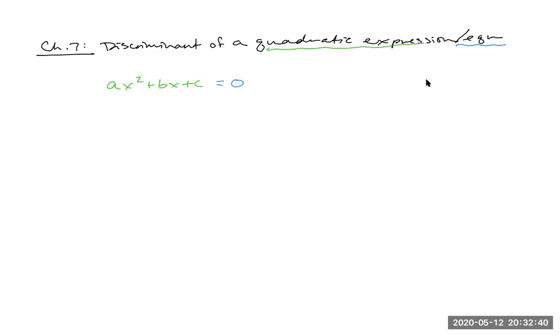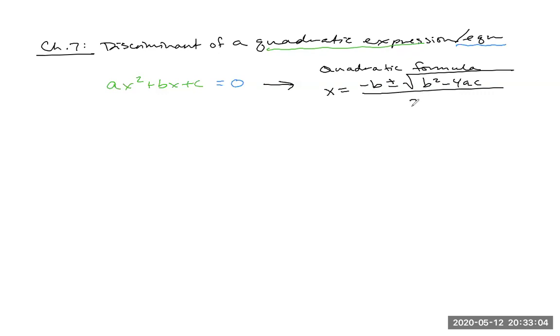And we talked about this yesterday. The quadratic formula gives the solutions to this particular quadratic equation here, okay? And the solutions x are given by negative b plus minus square root b squared minus 4ac, all divided by 2a, okay?